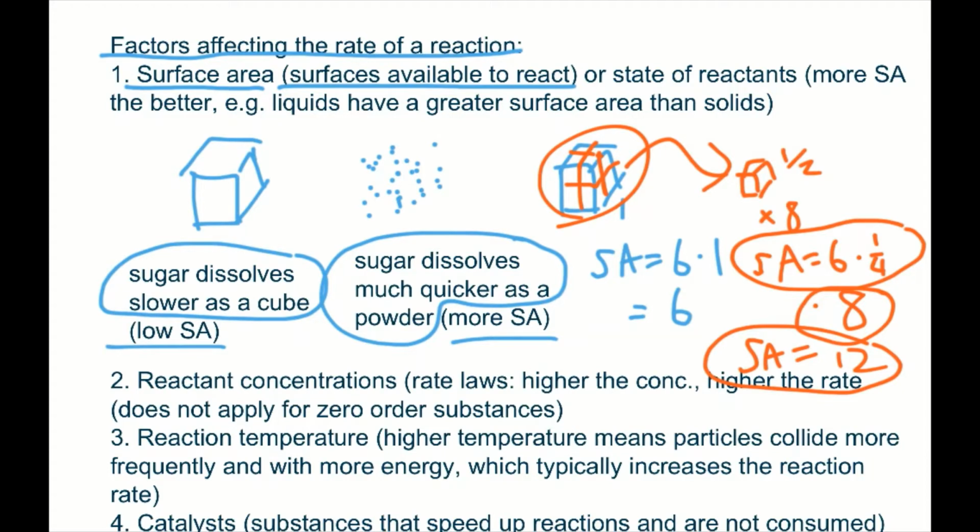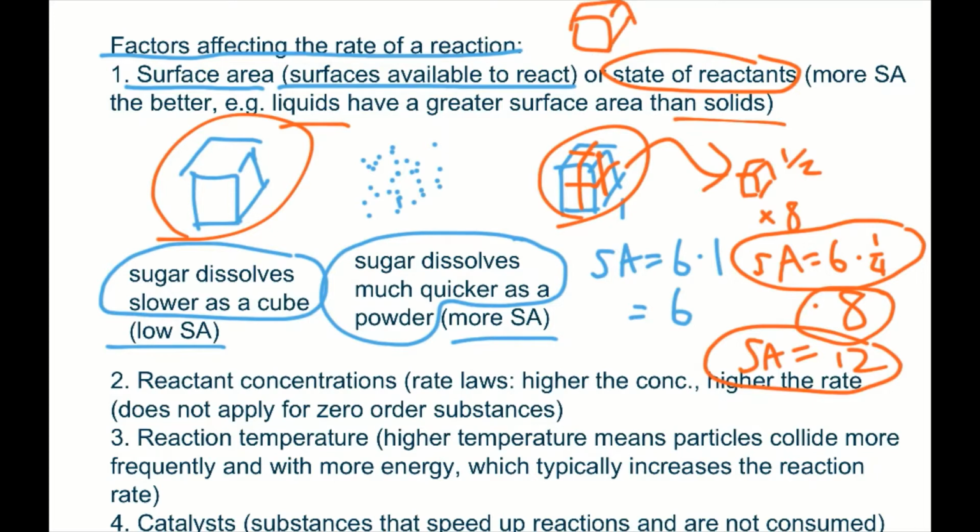So what about the state of reactants? How does the state of reactants affect the rate of the reaction? Well, you could think of a solid as a cube, and you could think of liquids and gases as powdered sugar, since in a solid, of course, we have a rigid structure, but for liquids and gases, you have freely moving particles that move around each other, and these are typically separated from each other, and they flow around, and that's why the surface area of solids is generally lower than the surface area of liquids and gases.